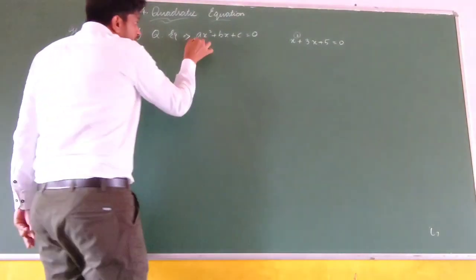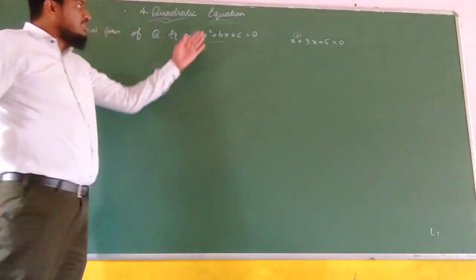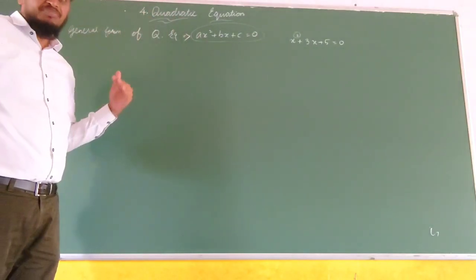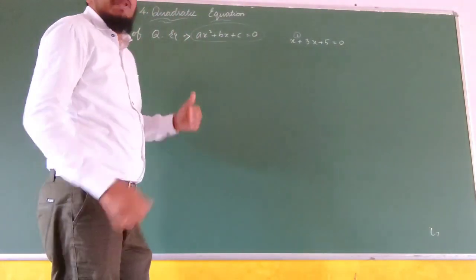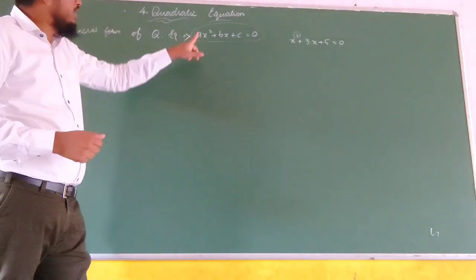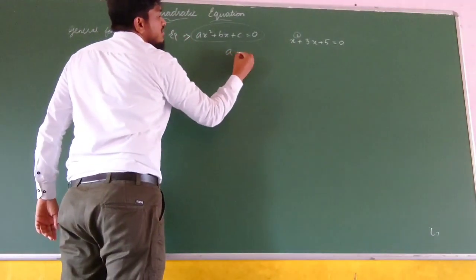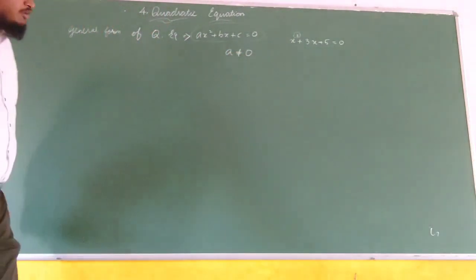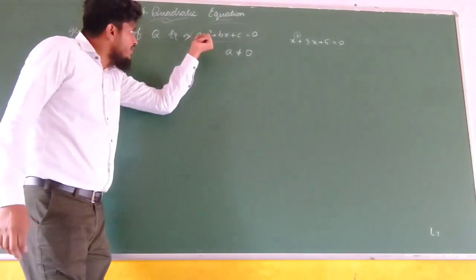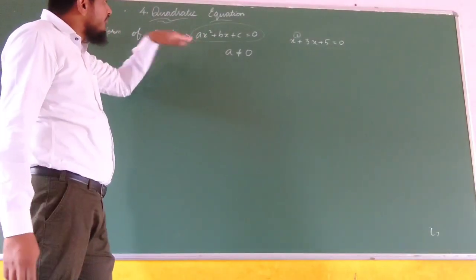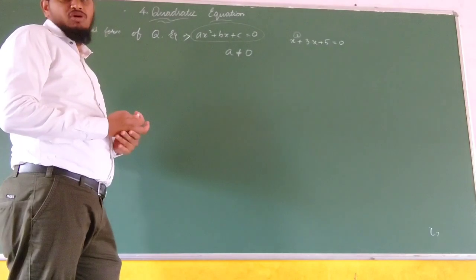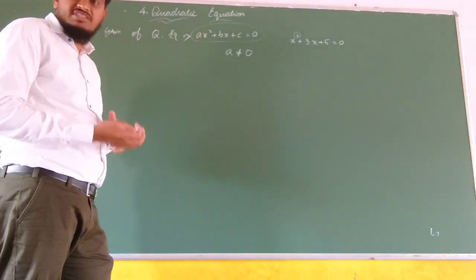If an equation is in this form, we can say it is a quadratic equation. And the main condition is that a should not equal 0. For example, what if a equals 0? What if the value of a is 0? Definitely we can't say that is a quadratic equation.